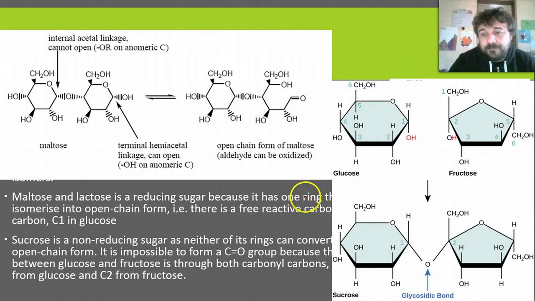For example, this carbon here would become one of the carbonyl groups, and this carbon here would become the other. So if your glycosidic link touches that bond there, adjacent to the joining oxygen, it can't happen. So here it can't happen, and here it can't happen.